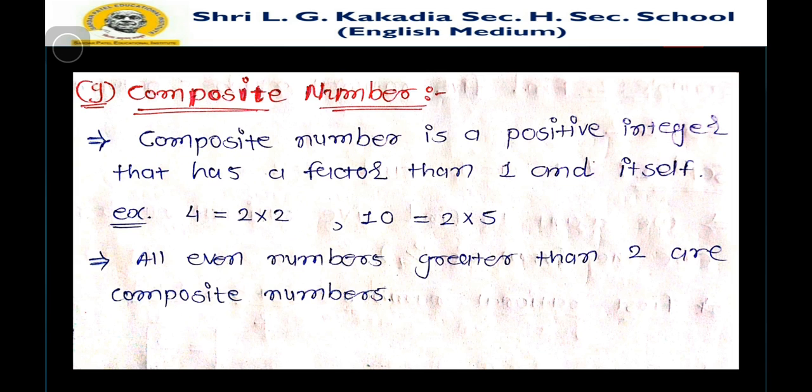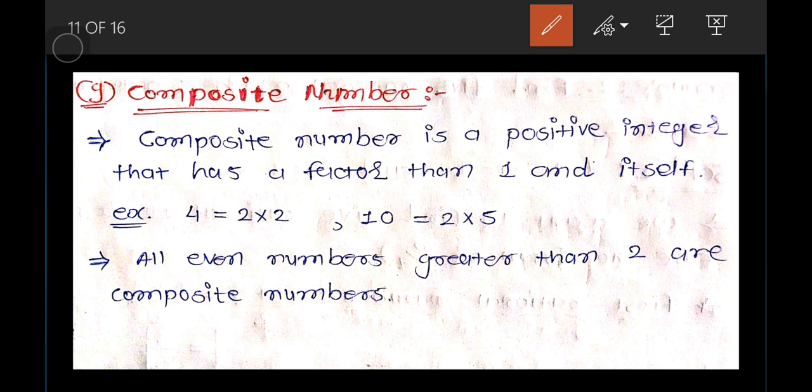Next is definition number 9, and it is the last definition: composite number. What is a composite number? A composite number is a positive integer. We are talking about positive integers, that is 1, 2, 3, 4, 5, 6, 7, 8 up to infinity, that has a factor other than 1 and itself. If there is a factor other than 1 and itself, then we can say that the given number is a composite number.